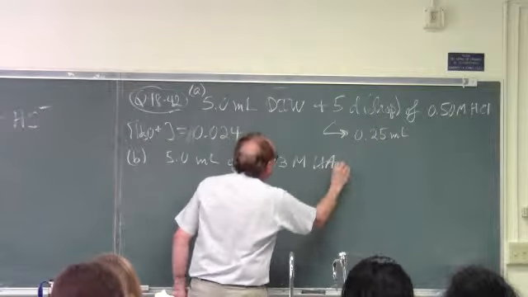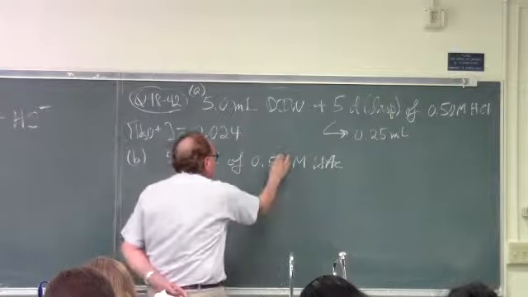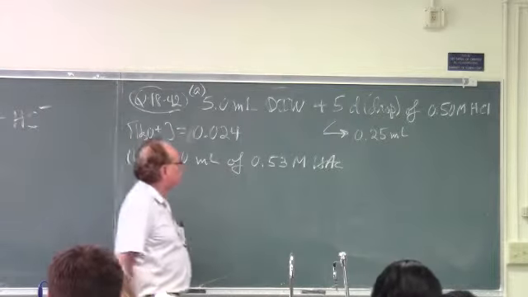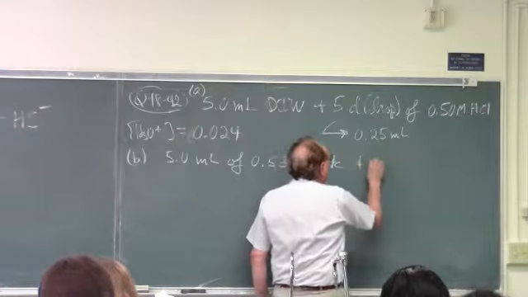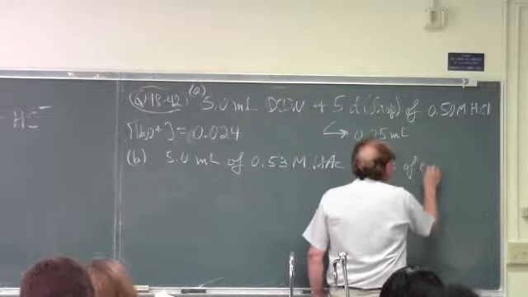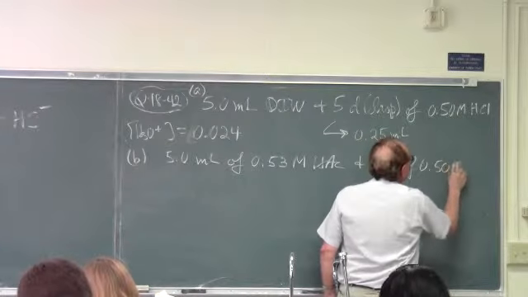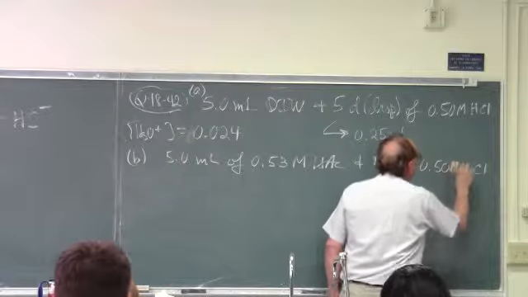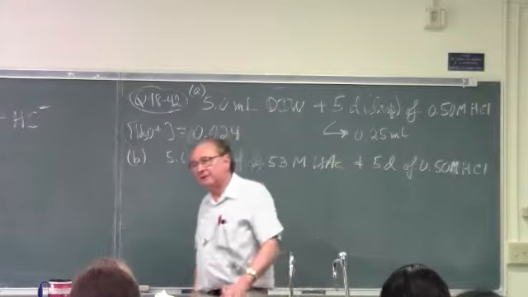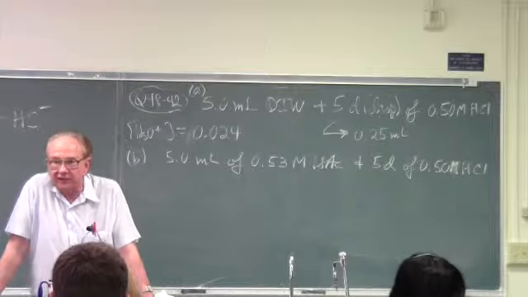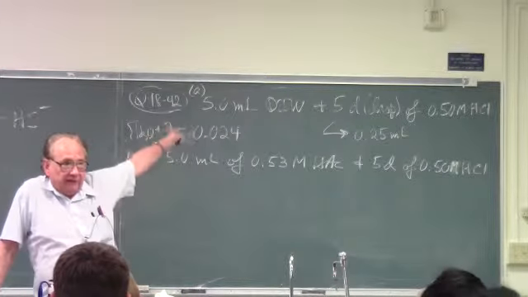And we're going to change that acetic acid solution to 0.53 molar. Okay? And we're going to add to that 5 drops of 0.50 molar HCl. Anybody like to venture a guess why I asked you to change the molarity of the acetic acid from 0.50 to 0.53?